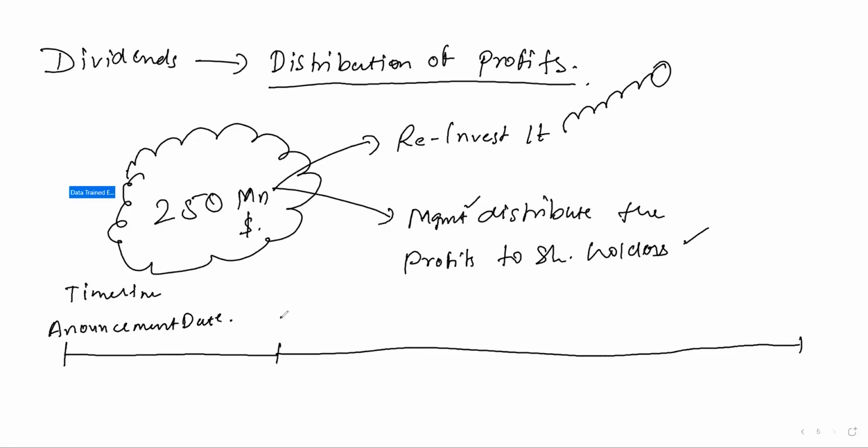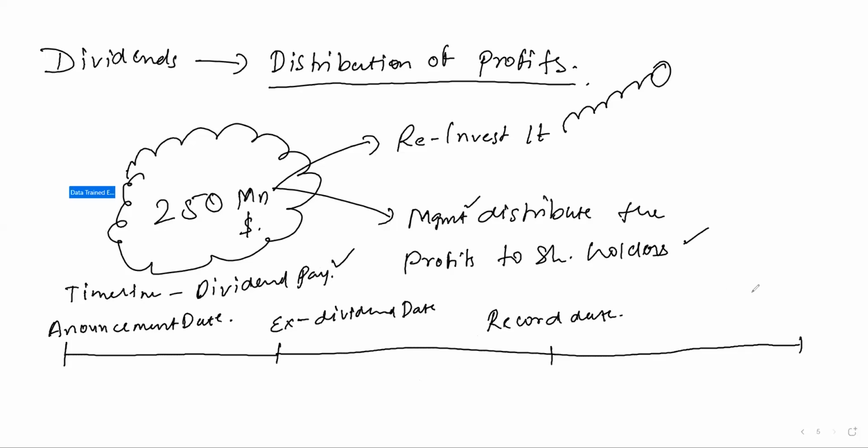Next is the ex-dividend date, then the record date, and finally the payment date. This is the timeline that is usually followed, from the time the dividend is announced till the time it is actually credited to your account.